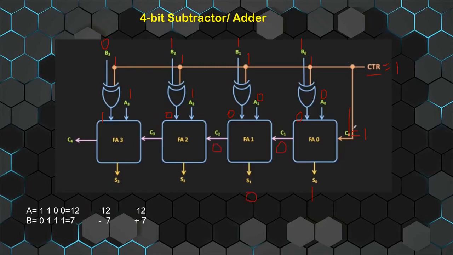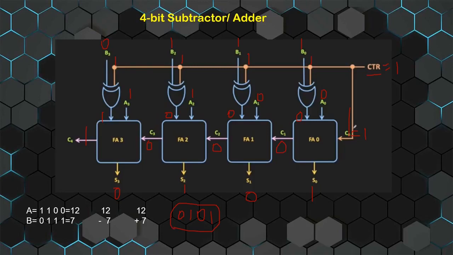Carry will be 0. 1 plus 0 plus 0, 1. Carry will be 0. 1 plus 1, so carry 1, it will be 0 plus 0, 0. So the output that we got is 12 minus 7, 0 1 0 1. So this is the output that we got manually also.